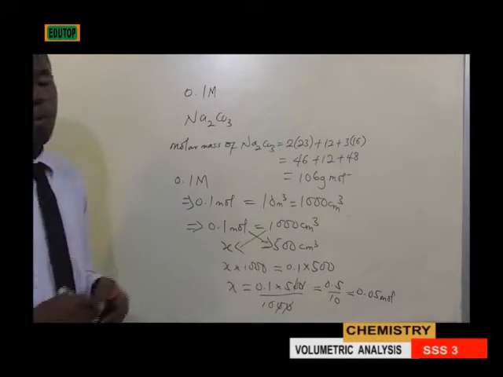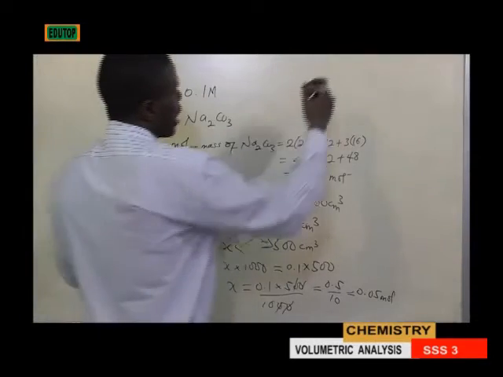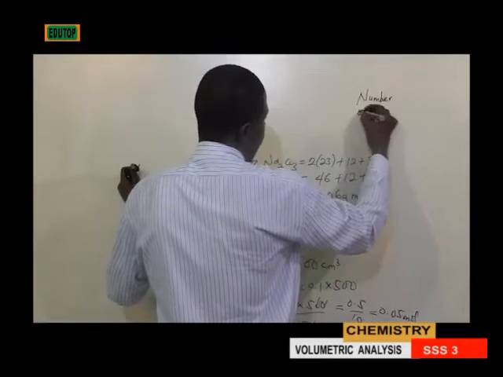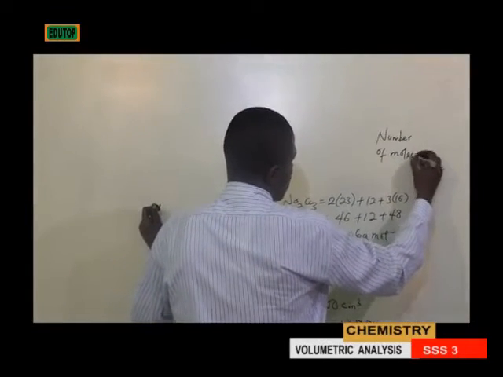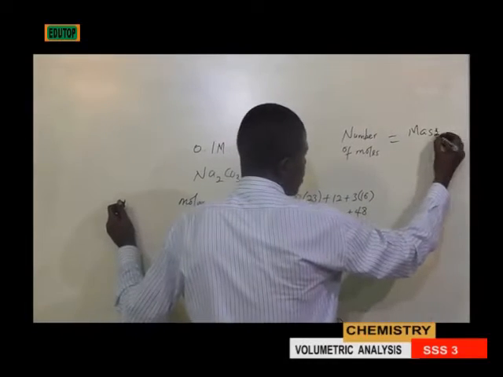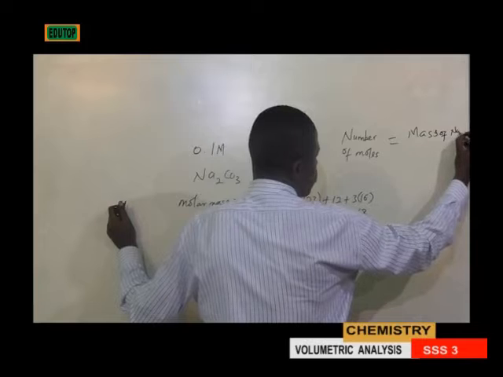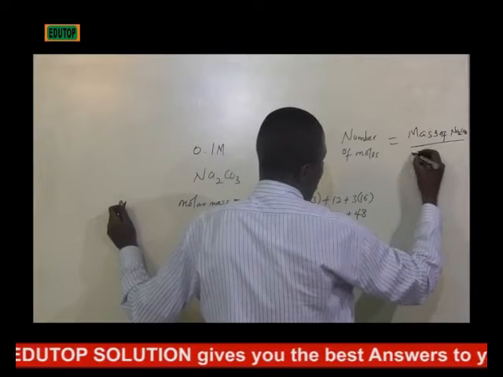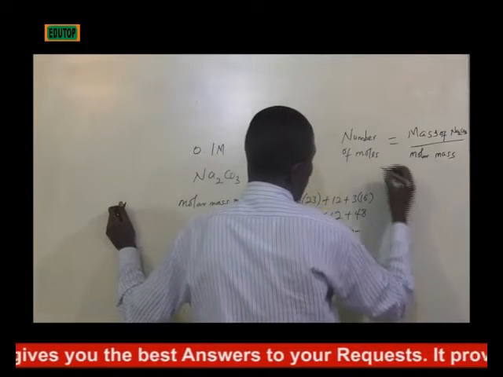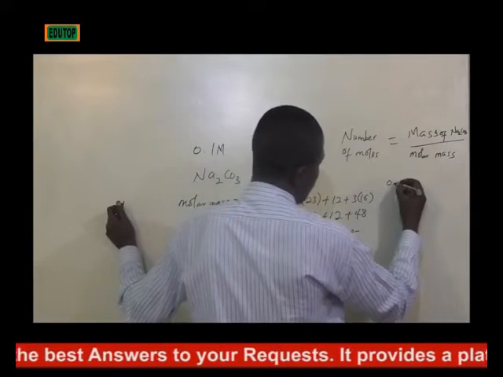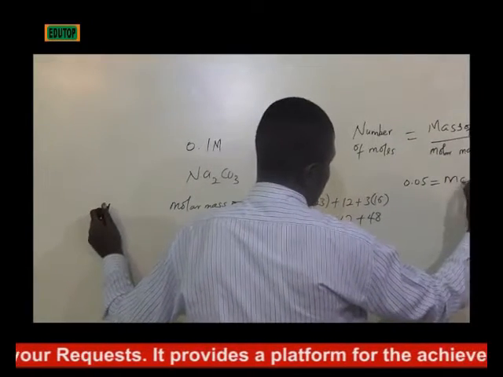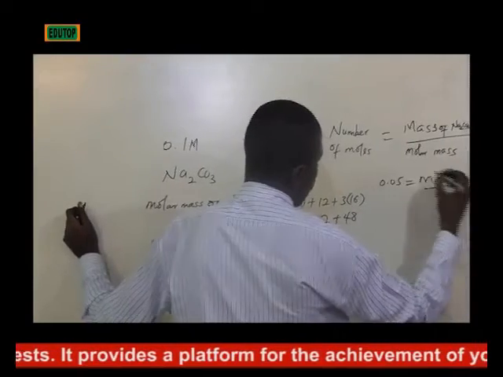Our interest is to look for the mass, and there is a formula that says number of moles equals mass of substance, mass of Na2CO3, over molar mass. The number of moles from the question is 0.05 moles, which is equal to mass of substance, that is what we have to calculate, over the molar mass.